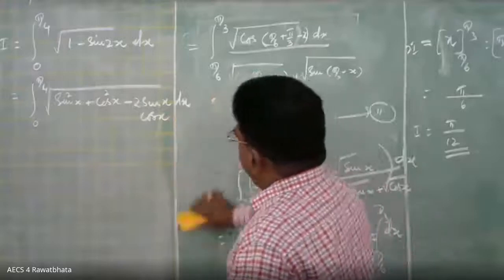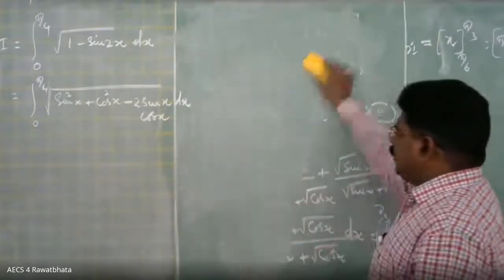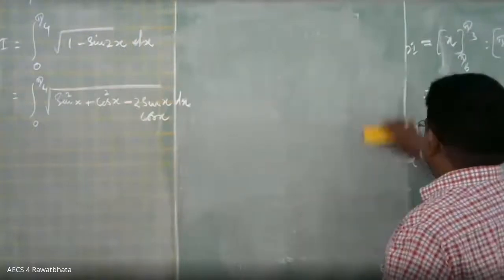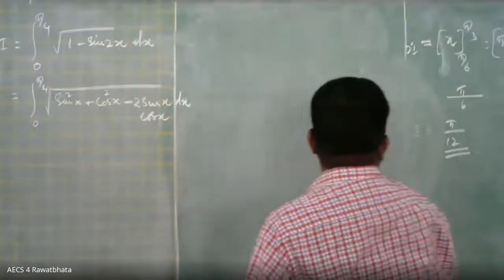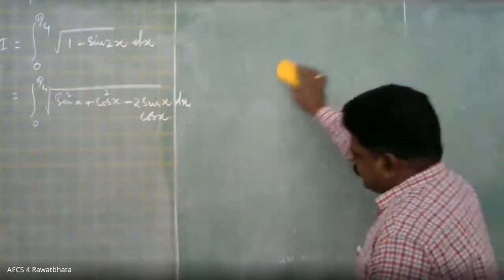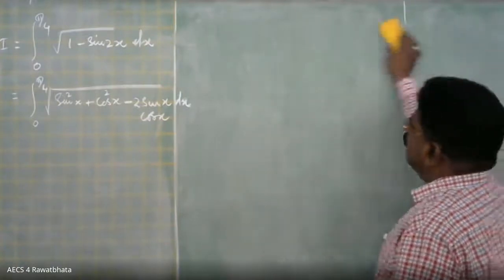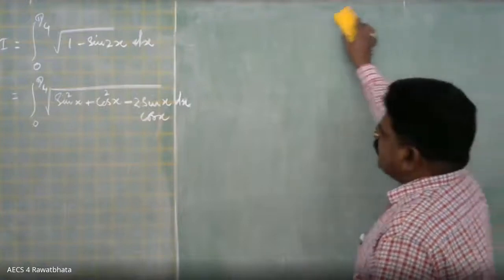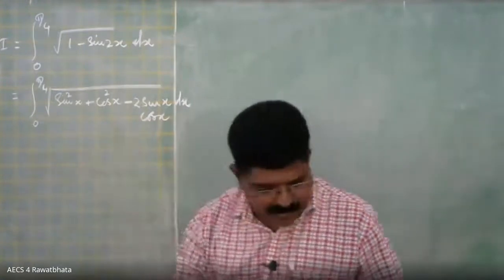Here, this is in the form of a squared plus b squared minus 2ab. One is sine x minus cos x the whole square, other one is cos x minus sine x the whole square.